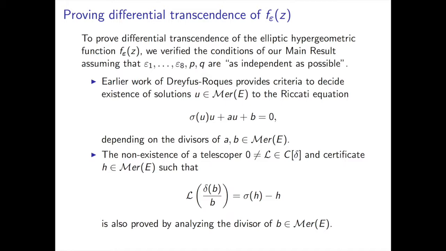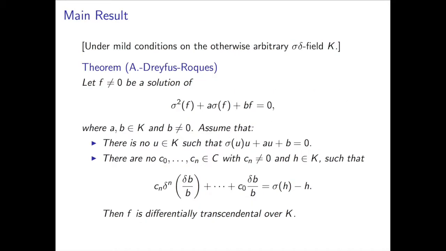So how can you go backwards to say that if it's not satisfied, then something else? Because I don't know what happens when the condition is not satisfied. We have a one-directional result saying that if there's no solution to Riccati and there's no telescoper, then it's different transcendental. But I don't know anything about the other way.